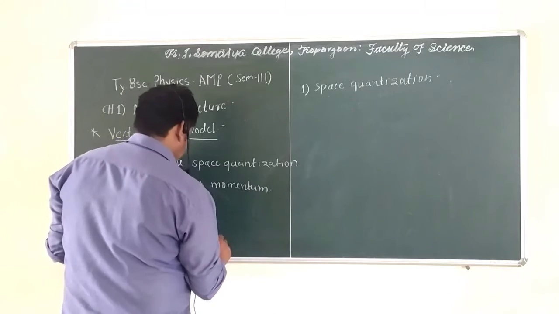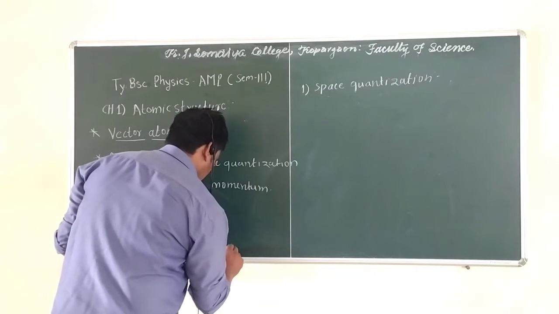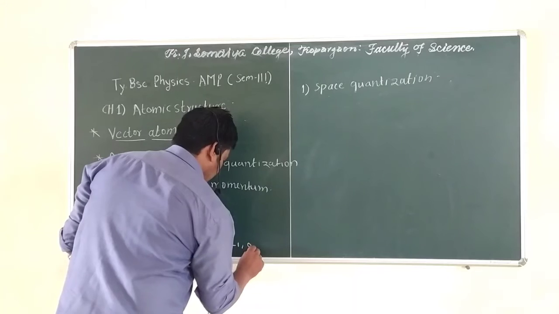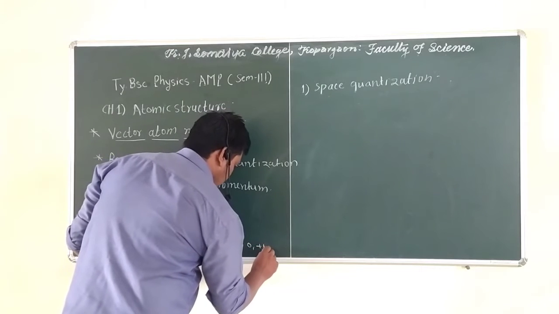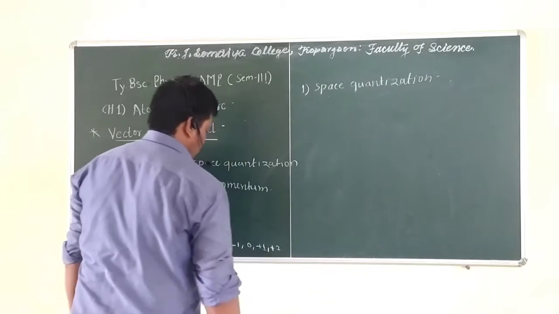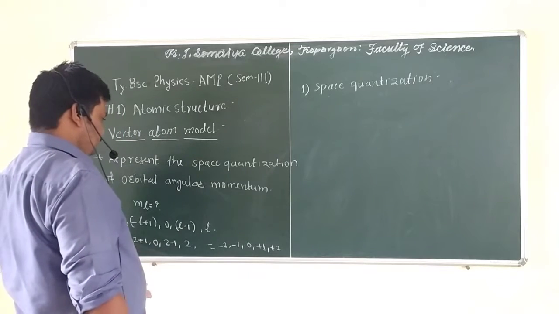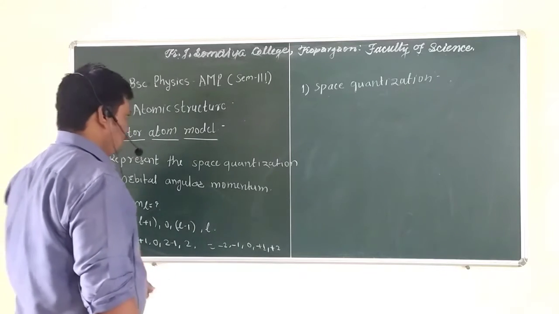That is minus 2, minus 1, 0, plus 1, plus 2. So there are 5 ml values.